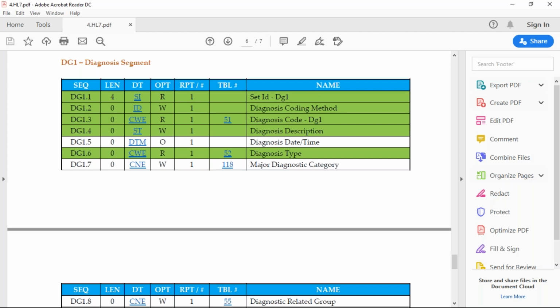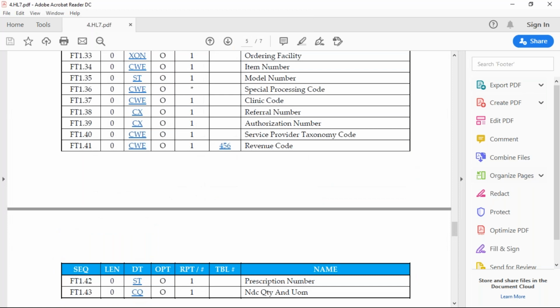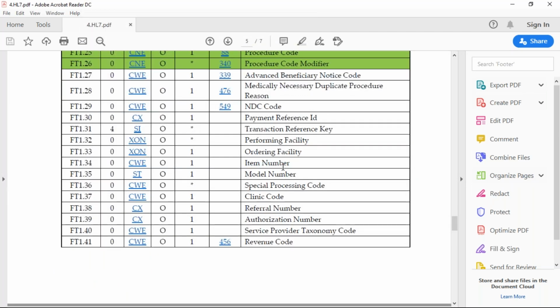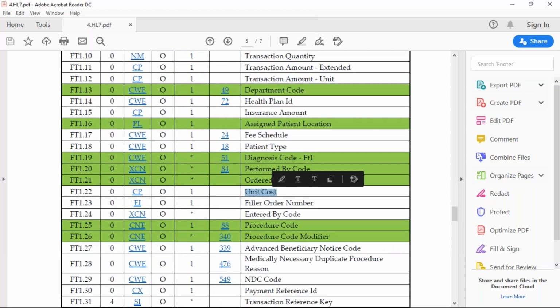In the financial transaction where we are sending the amount, is it the company share amount, the patient share amount, or the whole amount? It depends on the scenario. Usually in FT1 22, you will be sending the unit cost, which means the cost for each procedure.